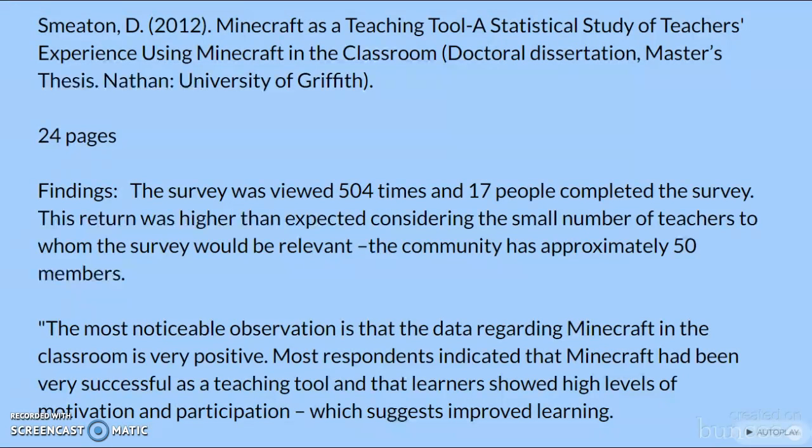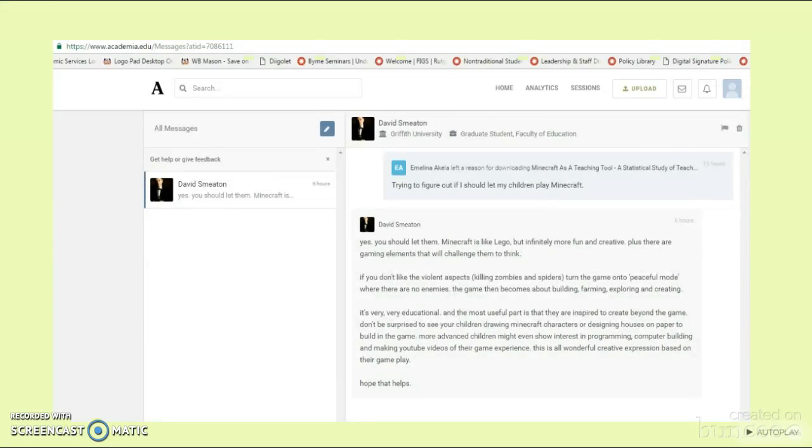And a quote that I took from his paper was, "The most notable observation is the data regarding Minecraft in the classroom was very positive, very successful as a teaching tool, and showed high levels of motivation and participation, which suggests improved learning." I forgot to put my end quotes here, but you get the idea.